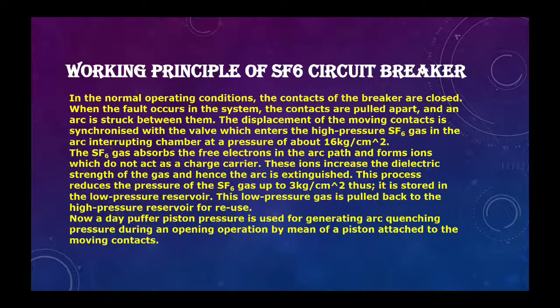This process reduces the pressure of the SF6 gas to 3 kg per centimeter square. Thus, it is stored in the low pressure reservoir. The low pressure gas in the reservoir is pulled back to the high pressure reservoir for reuse, because if the pressure is released, then the dielectric strength is also reduced.